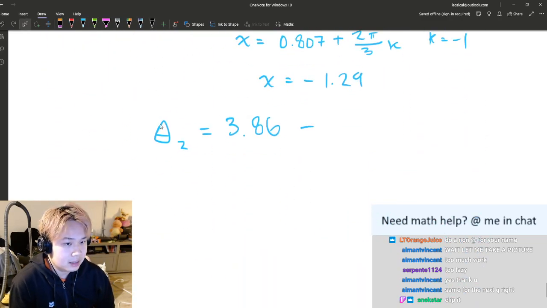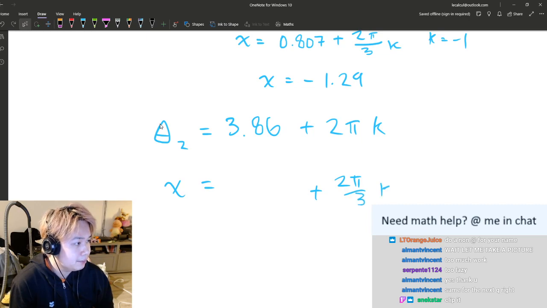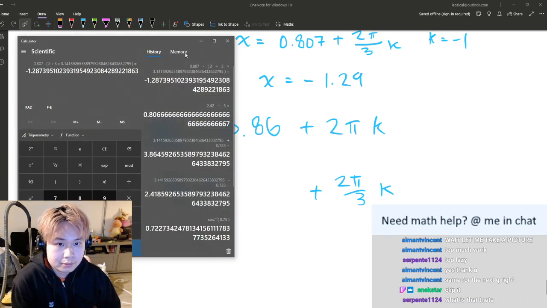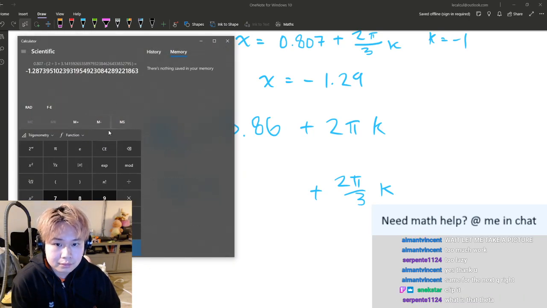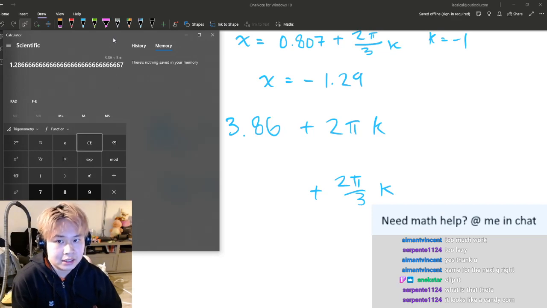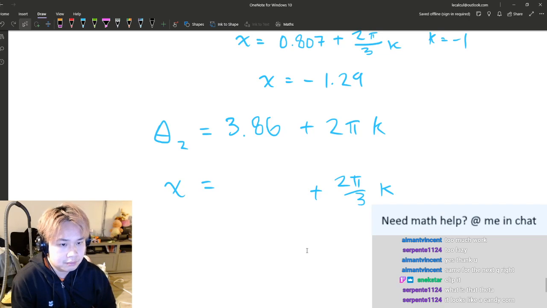But again, this is 2 pi k, which means that x is going to be plus 2 pi over 3 k, and we divide this by 3. So 3.86 divided by 3, which is 1.2729.